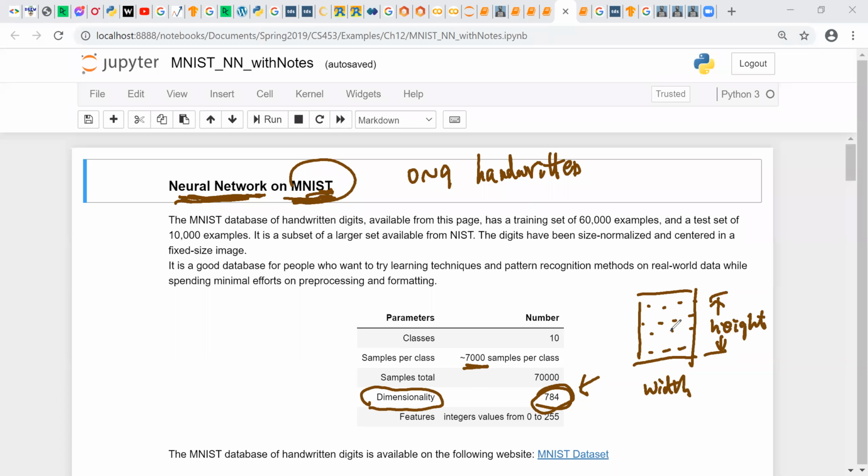So 784 is the number of pixels in width times the number of pixels in height, and the pixel value is between 0 and 255. Each pixel composes your image. Here we turn 2D into 1D, 784. And I remember it's 28 by 28.